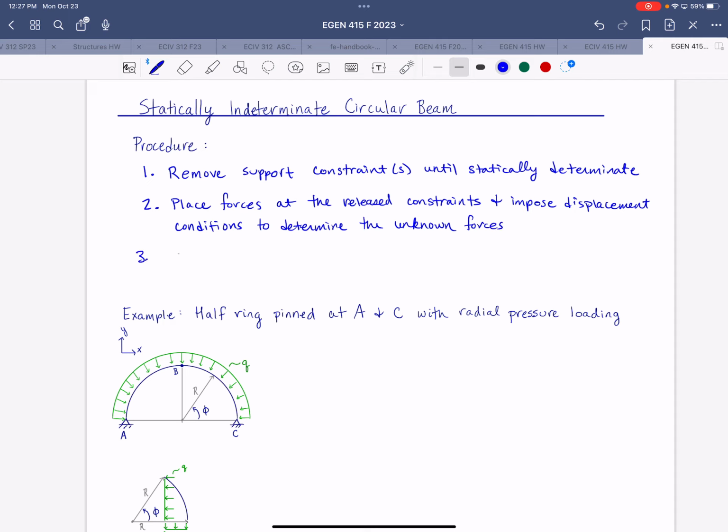And then derive the moment distribution. And then from there, you would proceed with the energy setup.